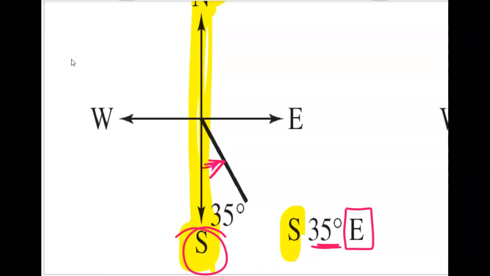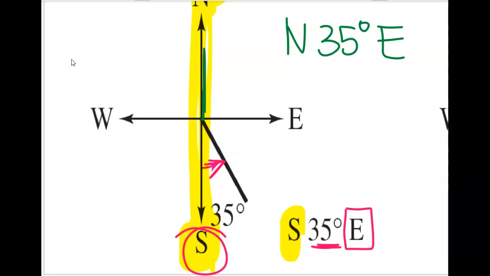Now, within this same example, I would like to graph how north 35 east will look. That would be something that starts from north. That will be the initial side.